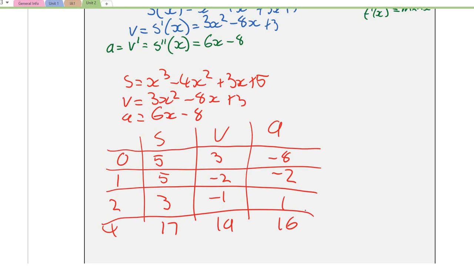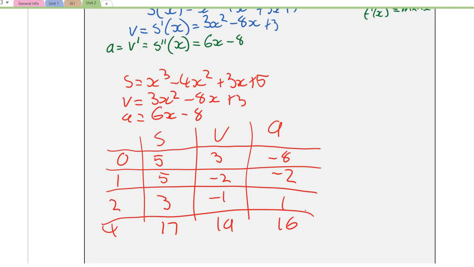In terms of our speed at time 0, are we moving forwards? Is our speed positive or negative? Positive. So we're moving in a positive direction at time 0. But we also know that we're decelerating, so we're trying to be pushed back the other way.